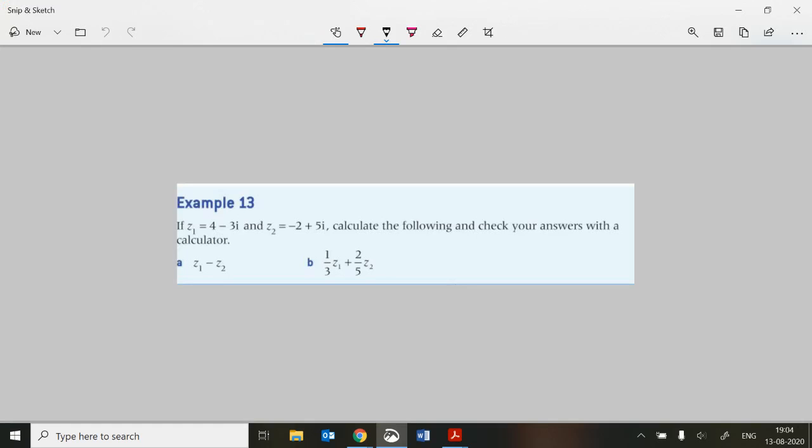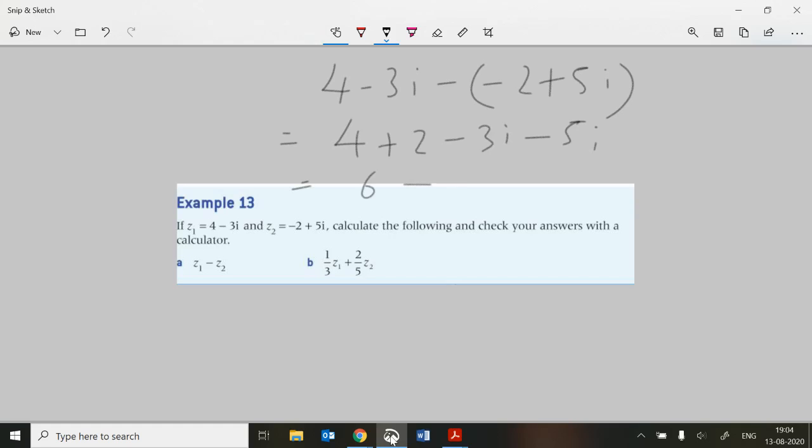It's starting off nice and easy, obviously, because we're building up from the very basics in terms of the algebra here. So for A, when we say Z1 take away Z2, that's 4 minus 3i, take away minus 2 plus 5i. That's giving us 4 plus 2, minus 3i and minus 5i. We combine that to give us 6 minus 8i. So that one's done. Then for this one here, it's very similar.